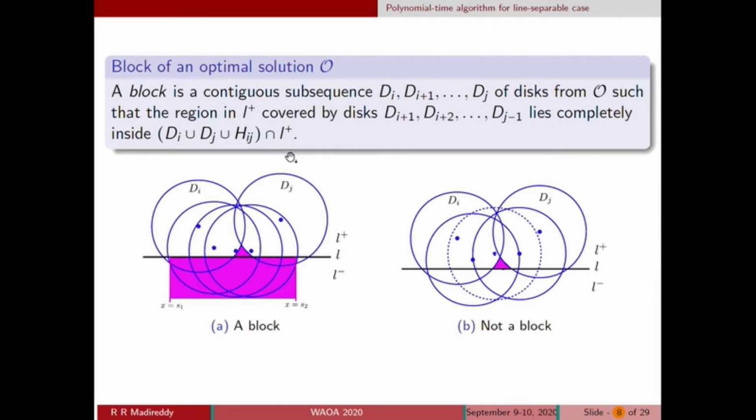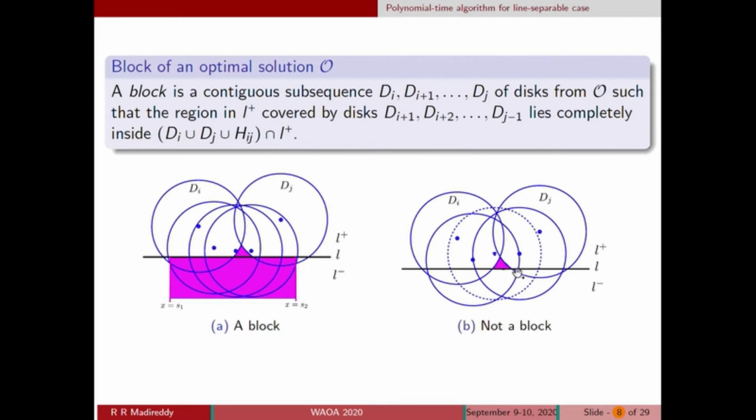In other terms, the contiguous sequence is said to be a block if the region covered by these intermediate disks in the L plus region belongs to either di or dj, or it may be from the hole. So figure A is a block, but figure B is not a block because there exists a disk with a dotted boundary which is covering some region in the L plus region that does not belong to di or dj or even to the hole.